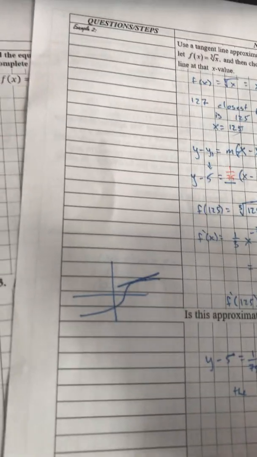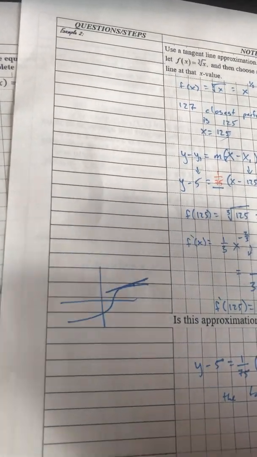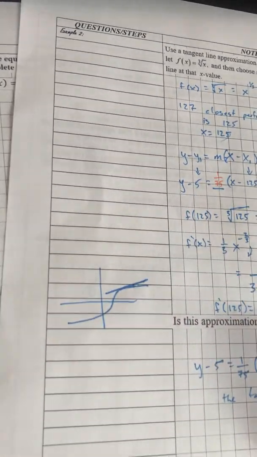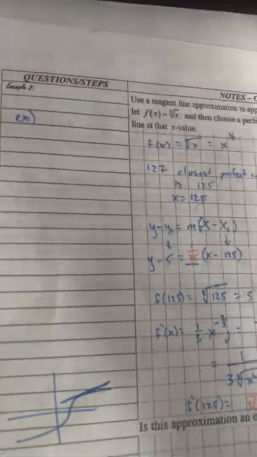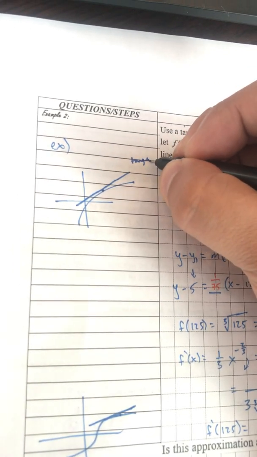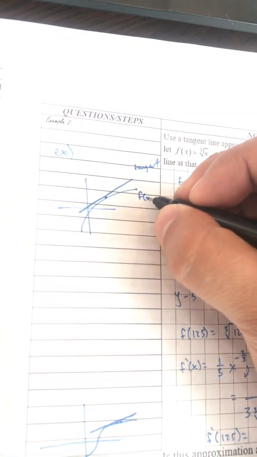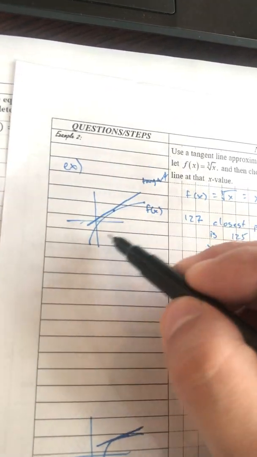Just to explain a little bit more, guys, just because a function is increasing doesn't mean that it's going to be an overestimate or underestimate. We take a look at these two graphs. These are two examples. If I have a function that goes something like this, and I draw a tangent line, this is the tangent and this is the original function. We can clearly see that the tangent is going to be an overestimate of the original function.